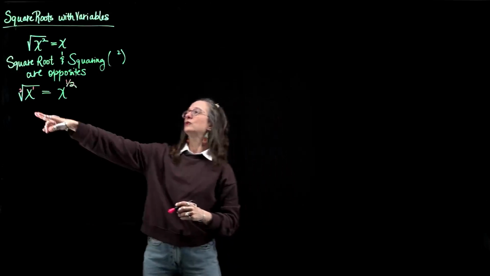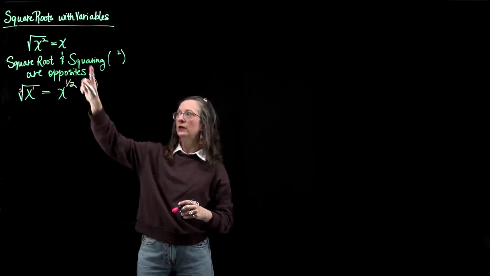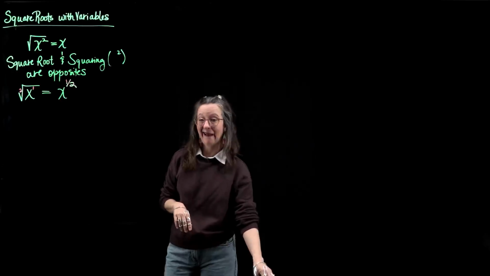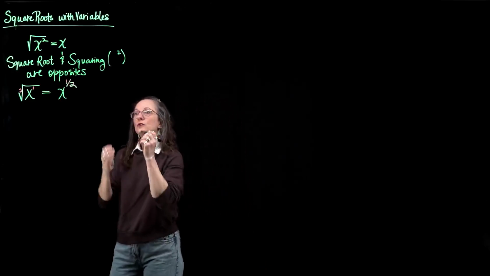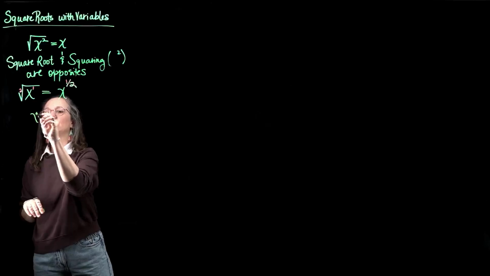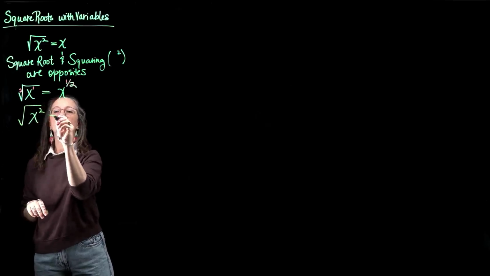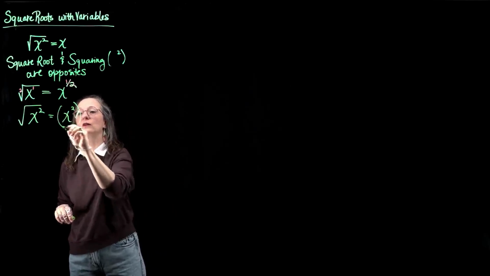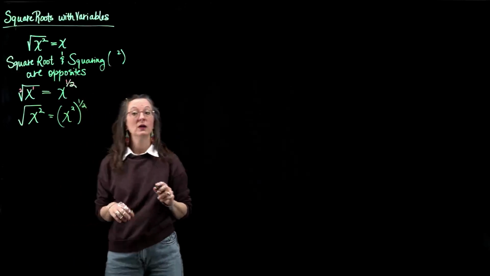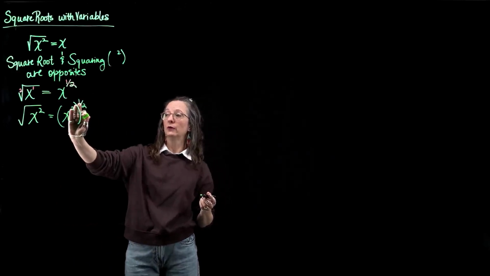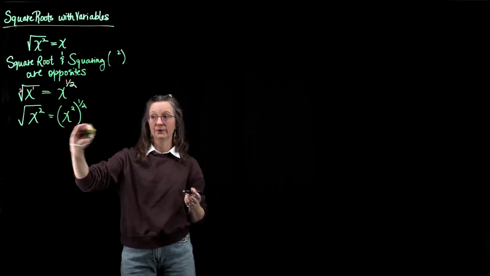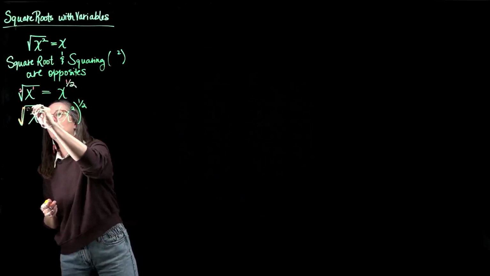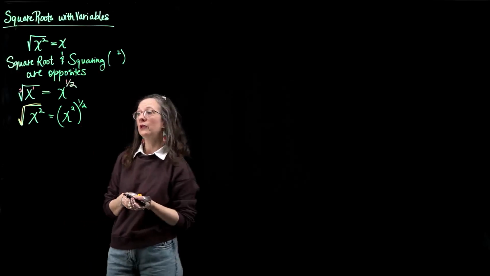All right, so this is very important, and I want to show you how it relates back to the square root of x squared being x. So if I have the square root of x squared, that means that I can rewrite this as x squared to the 1/2 power to indicate the square root of x squared. And let's put some color to that just to make it a little bit more clear. I'm going to color in that square root symbol orange.